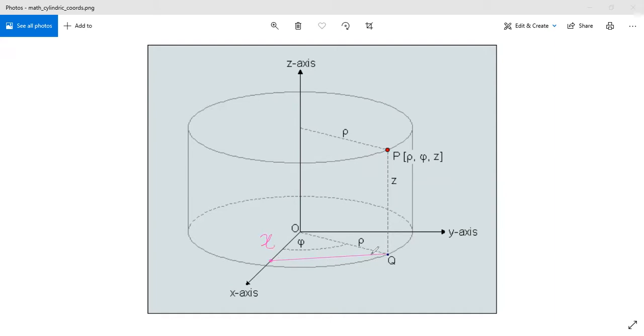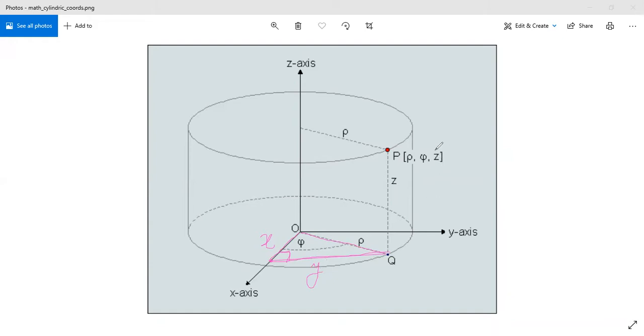The length of this line is y. And this angle is 90 degrees. This angle is theta. And this length is rho. So x equals rho cos theta, y equals rho sin theta.